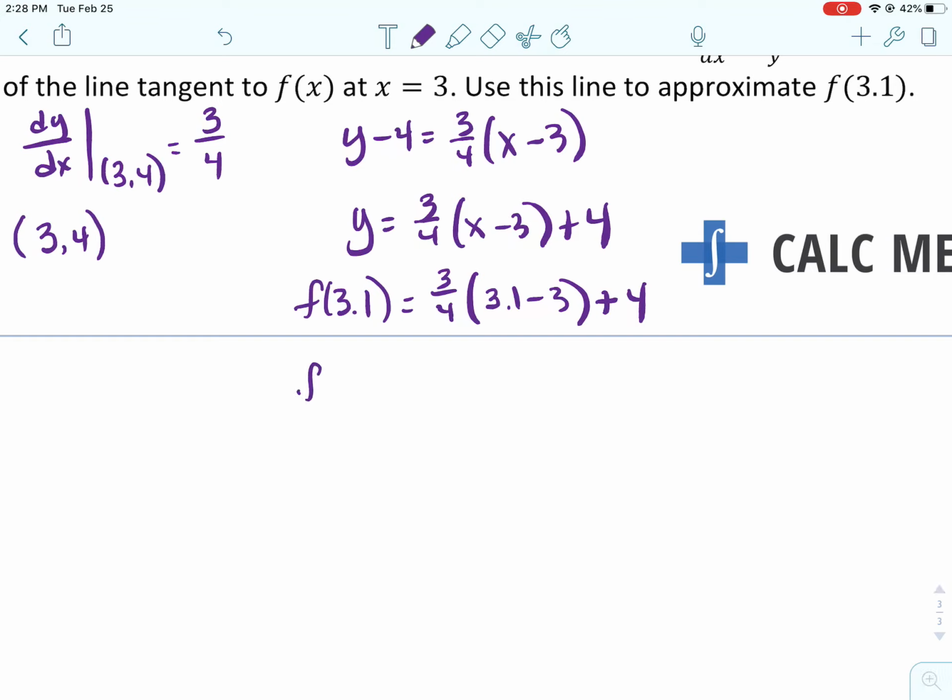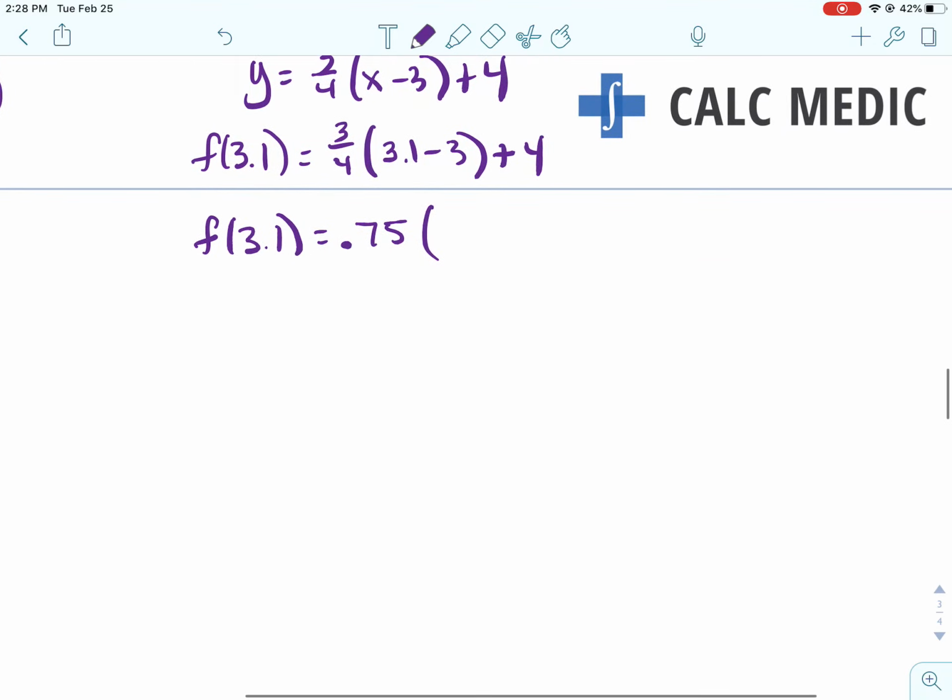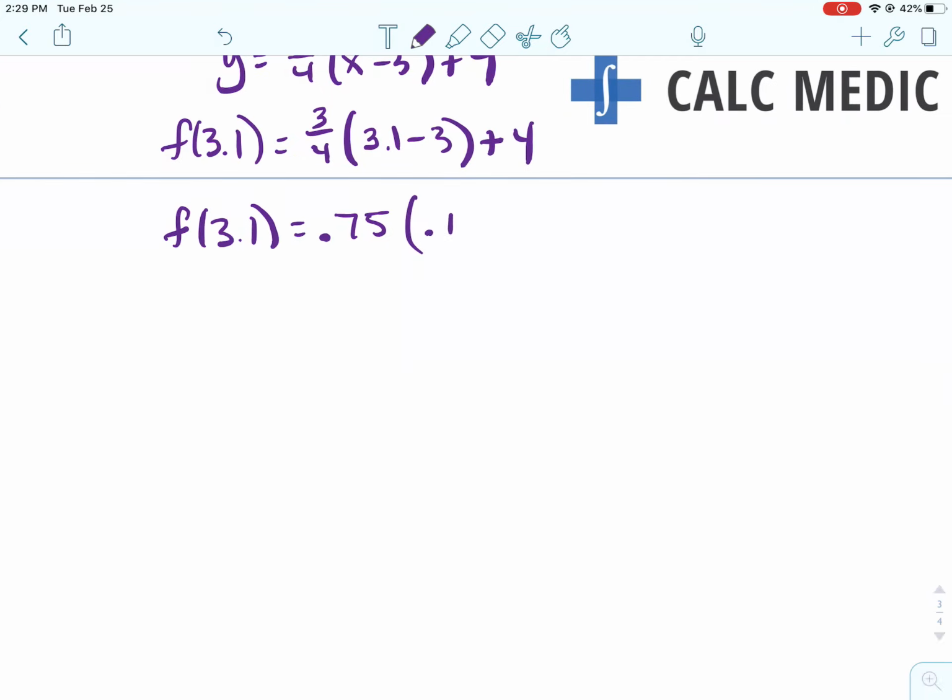All right, now let's do this without a calculator. So let's think about it in terms of decimals. We all know 3/4 is 0.75. What do we get when we subtract those? 0.1. So what do we get when we multiply 0.75 by 0.1? 0.075.